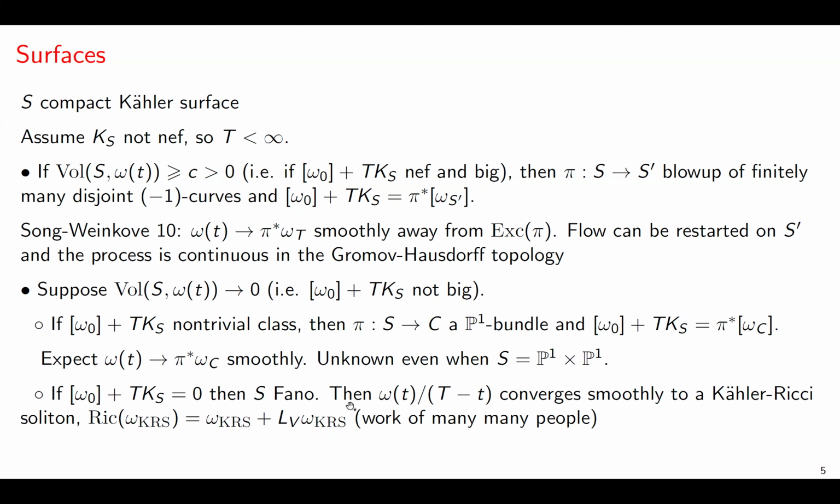So this slide is just to indicate that finite time singularities could be quite challenging to understand, especially in the case when it's volume collapsing. And if you want, I can say now that you can already see the two steps of the MMP.